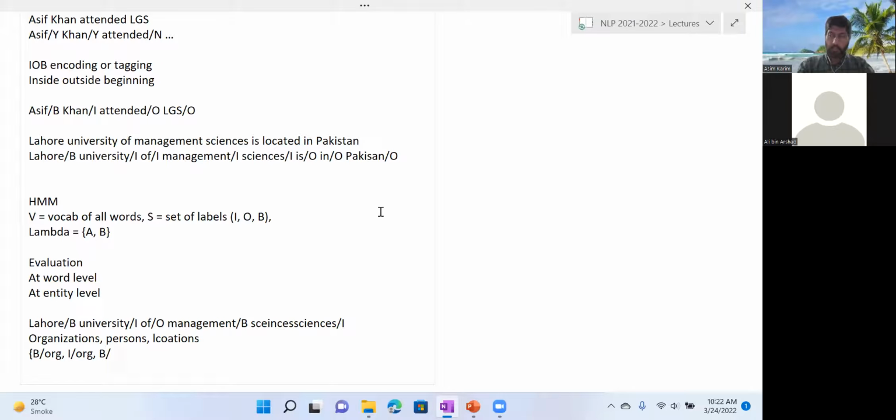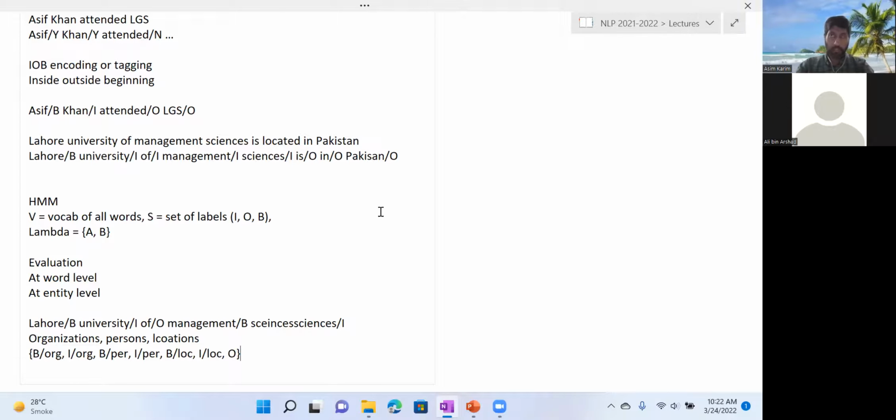Okay, then B/person, then I/person, and then we have B/location, and then I/location, and then of course O. So this would be the tag set if you're doing multiple named entities in the same model. So you will have multiple tags, a B and an I for each of those named entities.